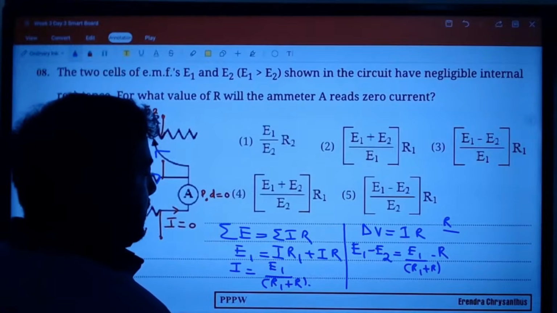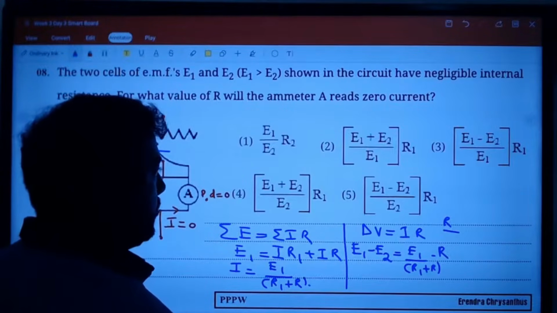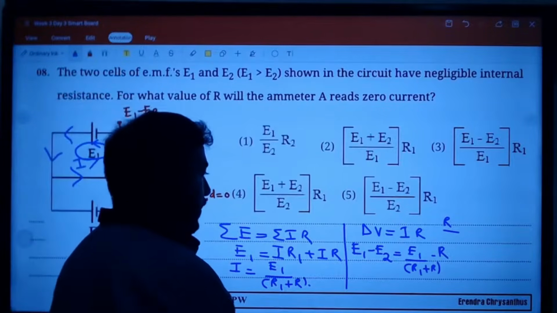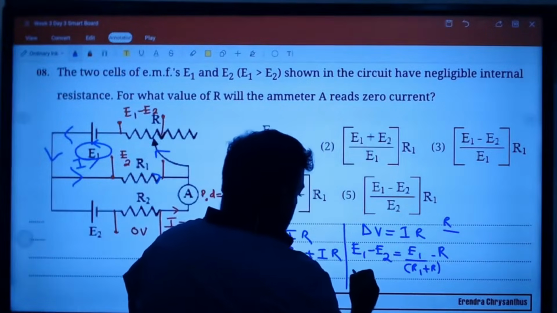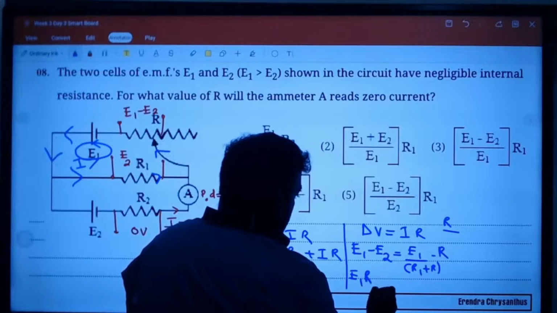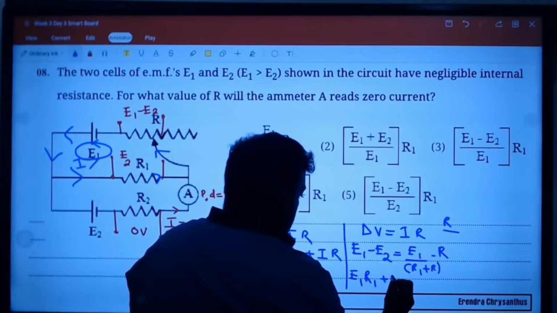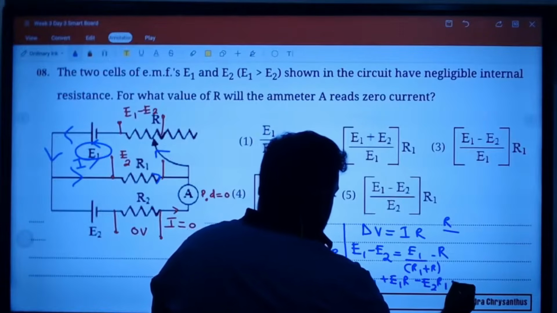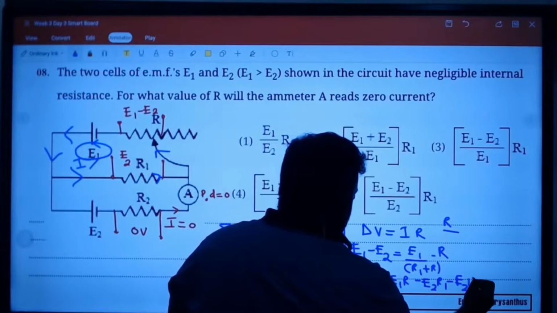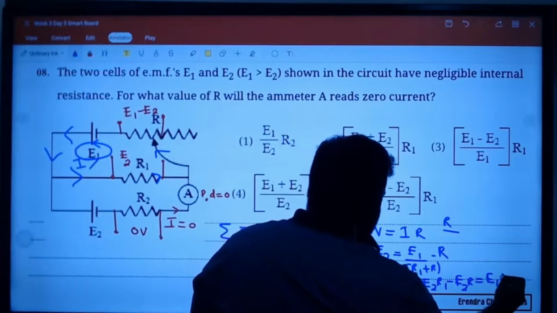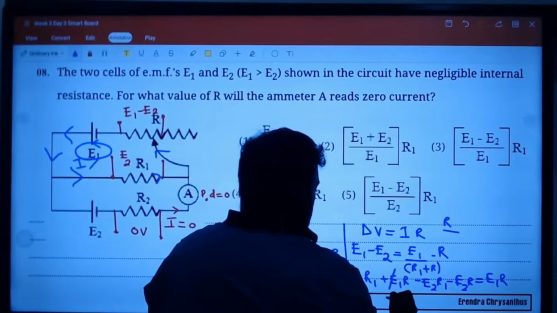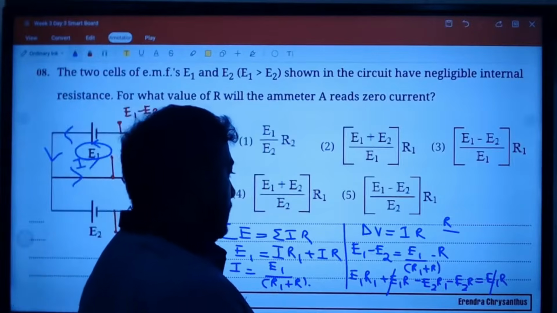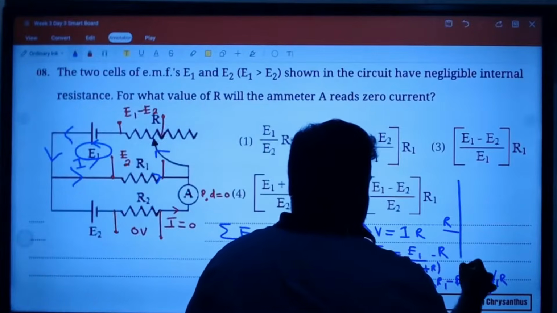So if you simplify the relationship, what are they asking? For what value of R? You find R. Cross multiply. E1 R1 plus E1 R minus E2 R1 minus E2 R equals E1 R. E1 R will cancel out. Simplify this.